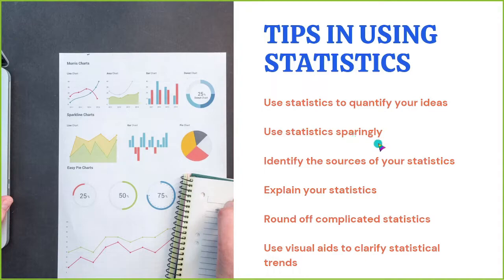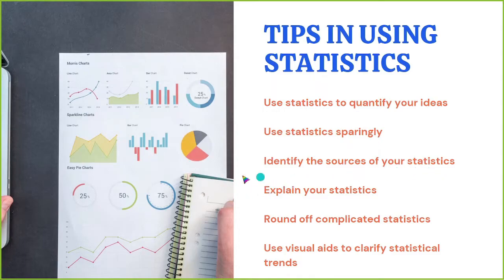You don't have to put statistics in every main point. Not every main point needs a bar chart, because when every main point is in a chart like this, the audience might feel overwhelmed and feel it is too heavy to understand. So you have to be careful when you use statistics.